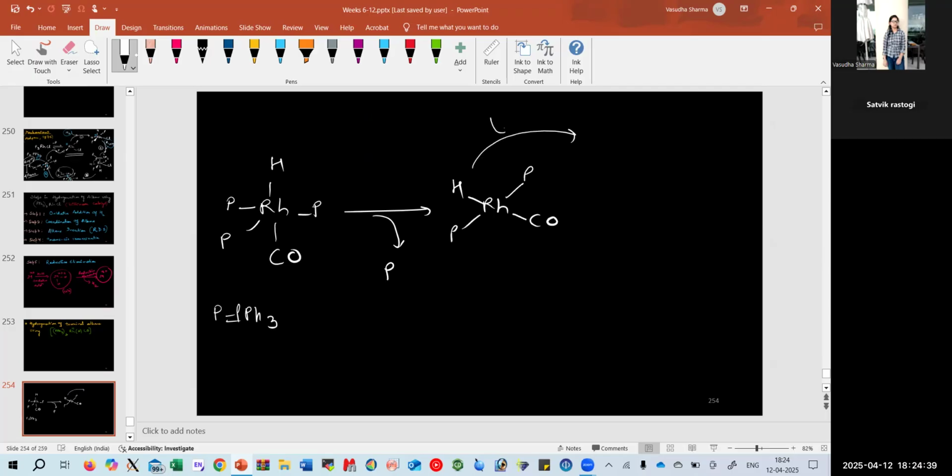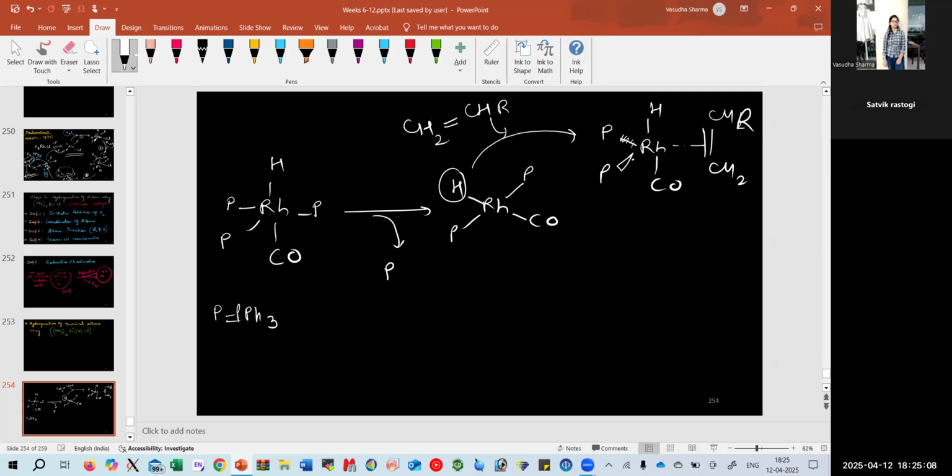The first step here would be an alkene coordination, as we already have a hydride connected to the metal center. So rhodium, then we have phosphine here, H here, CO, and it is coordinating with CH2 and CHR.